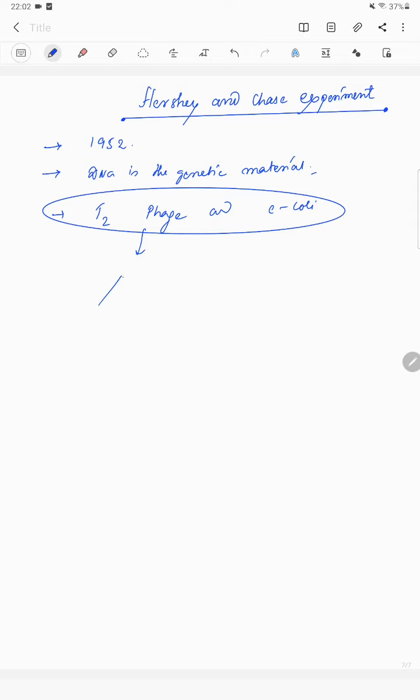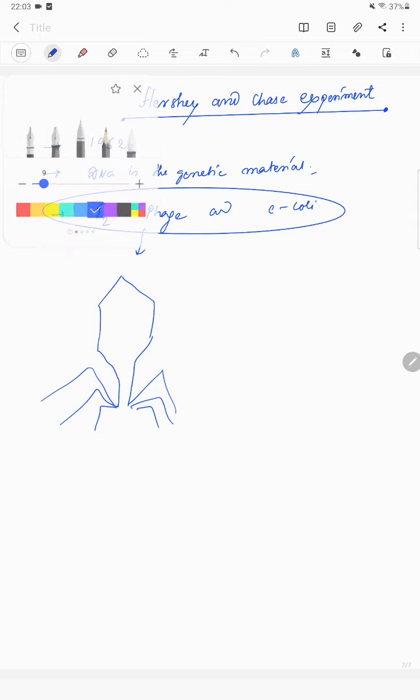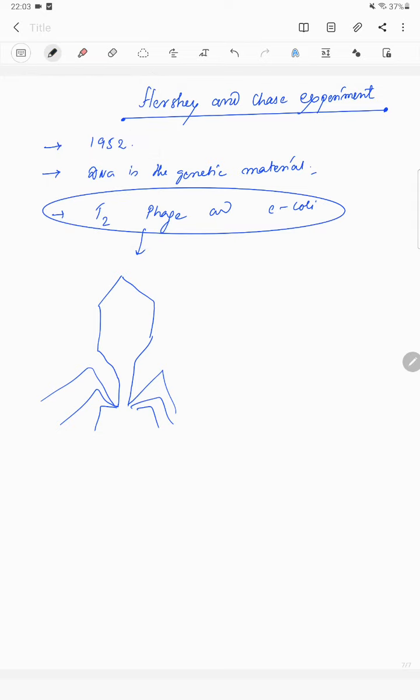So if we draw the structure of a T2 phage, then we'll find the capsid, and along with the capsid we'll find the tails that are present. This is the typical structure of a bacteriophage. Now we won't go into the detailed structure of the bacteriophage.